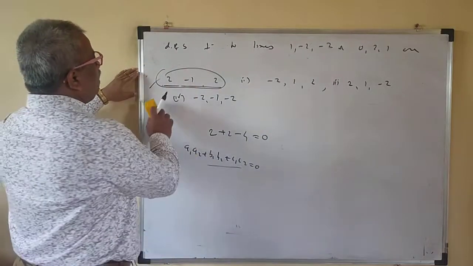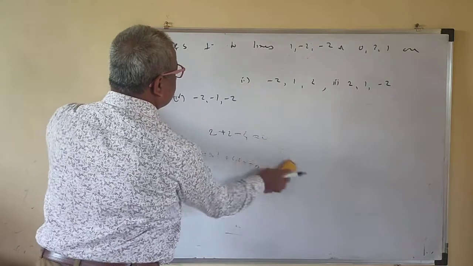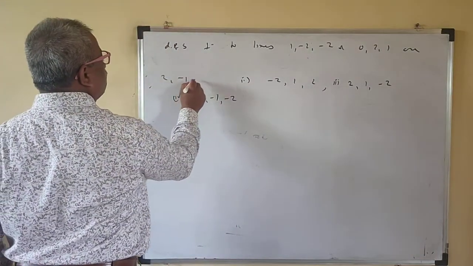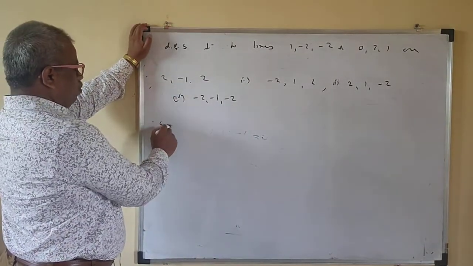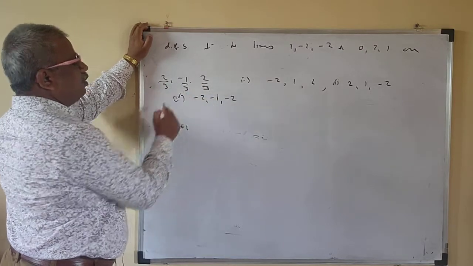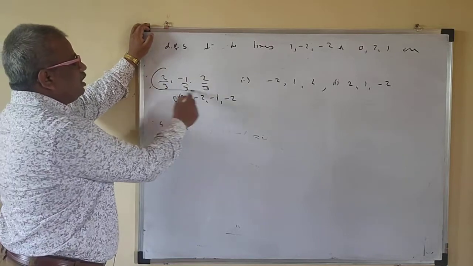If they want DCs, then the DRs here are 2, minus 1, 2, and what are the DCs then? 4 plus 1 plus 4 is 9, that means 3, so 1 by 3. All have denominator 3, so forget that denominator. These are the DCs.